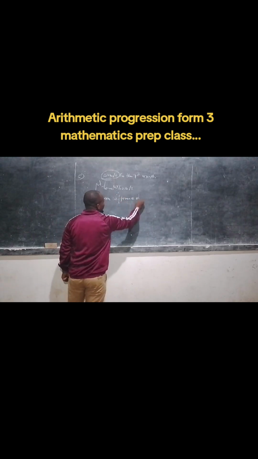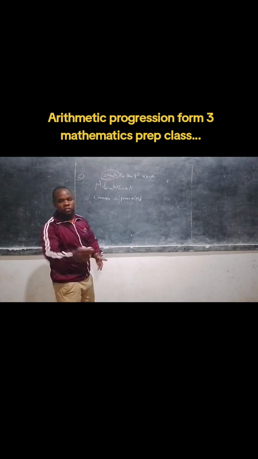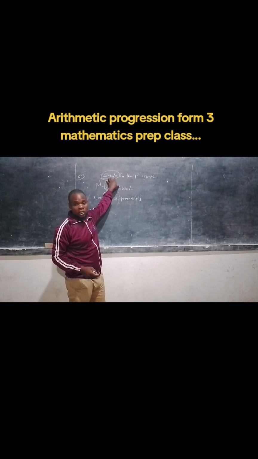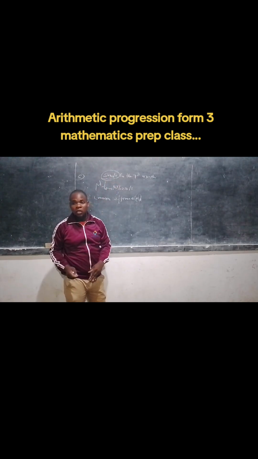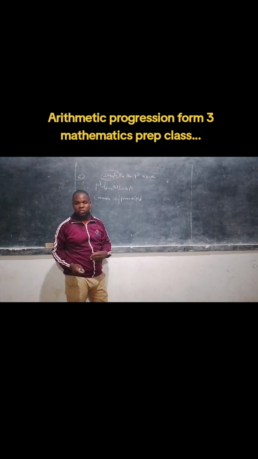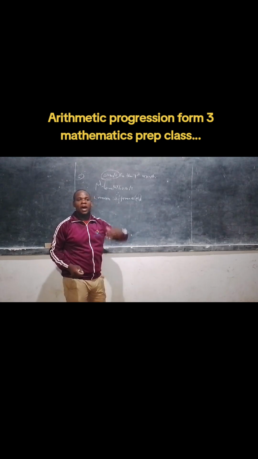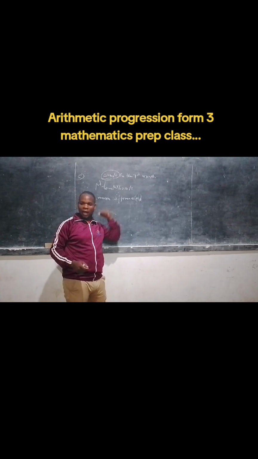The question is saying that after depositing 500 shillings in the first month, she increased every month, depositing 50 shillings more than what she deposited the last month.